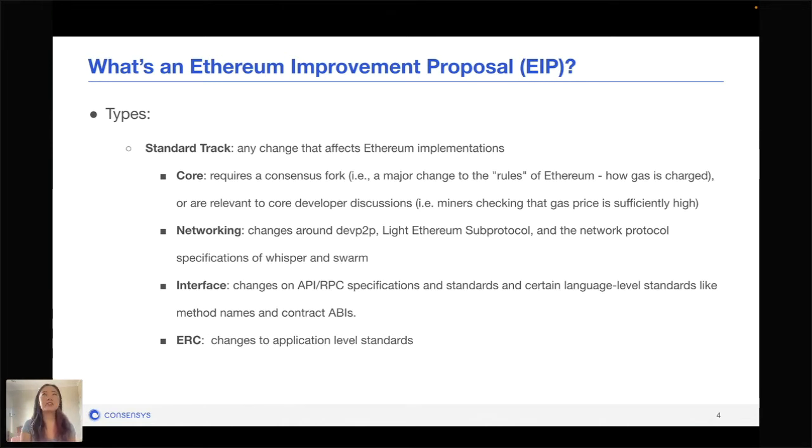The next piece is networking standards. This is actually pretty uncommon. It's focused on the peer-to-peer protocols surrounding Ethereum. I'm not going to dive into them, but just to throw out the words: DevP2P, the Light Ethereum Subprotocol, and the protocols Whisper and Swarm, which I think are relatively old, hence networking not being the primary form of standards EIP.